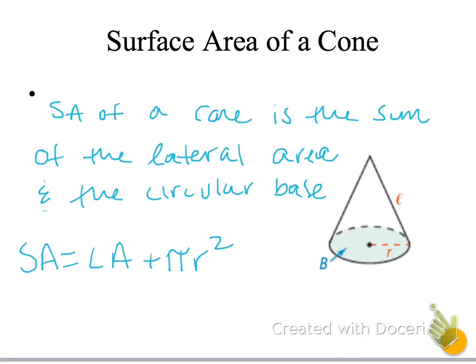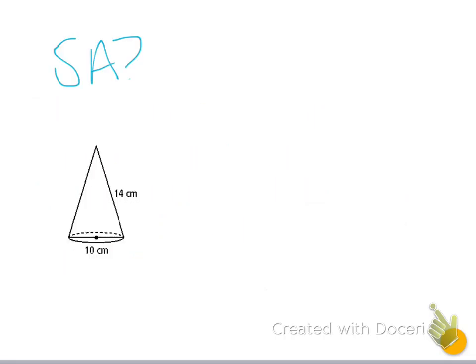Surface area of a cone. The surface area of the cone is the sum of the lateral area and the area of the circular base. So we find our lateral area, and then the area of the base, pi r squared. Lateral area is pi times radius times your slant height.